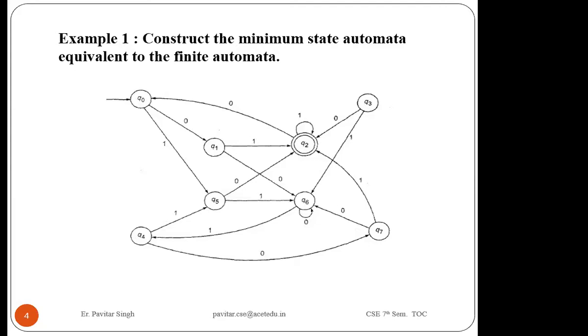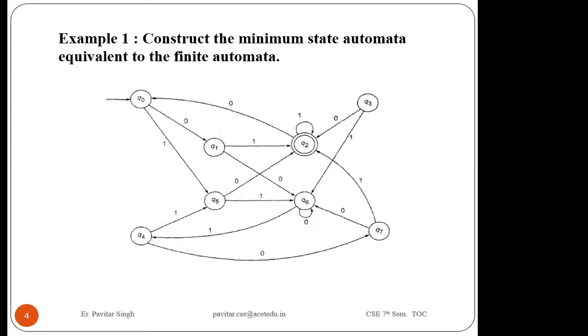Q4 upon the processing of 0, it is reaching Q7, and upon the processing of 1, it is going to Q5. Next we have Q5 upon the processing of 0, it is moving to Q2, and Q5 upon the processing of 1, it is moving to Q6.